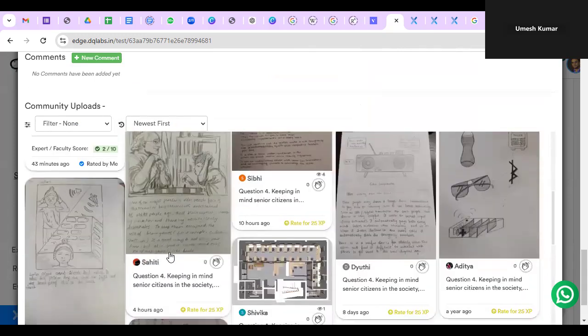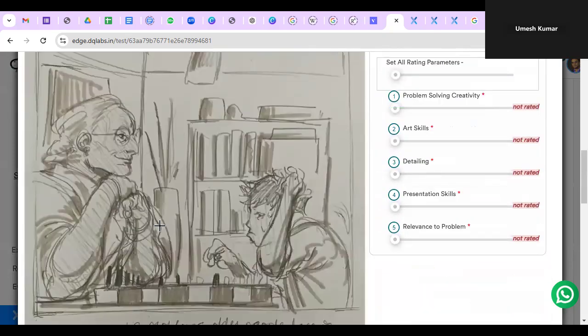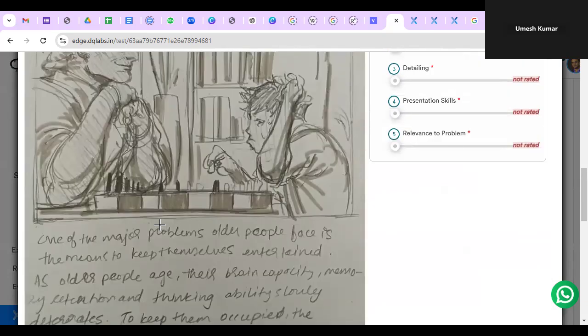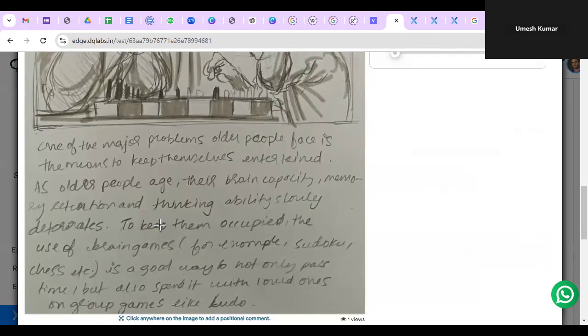I saw one interesting sketch. This is done by Sahiti. This sketch is beautifully done. Let us understand what she has done. One of the major problems older people face is the means to keep themselves entertained. As older people age, their brain capacity, memory and thinking ability slowly deteriorate.